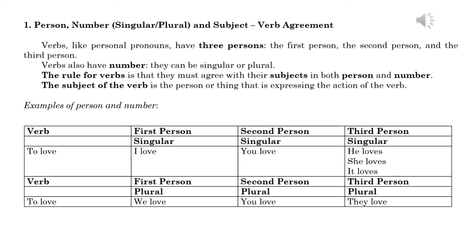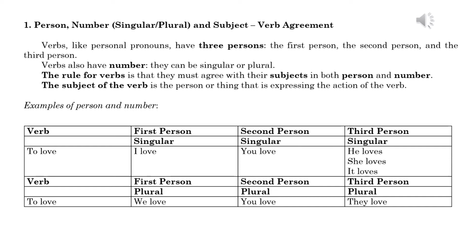1. Person, number, singular or plural, and subject-verb agreement. Verbs, like personal pronouns, have three persons: the first person, the second person, and the third person.